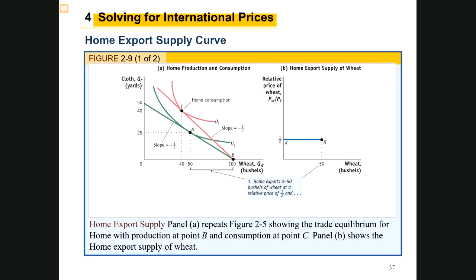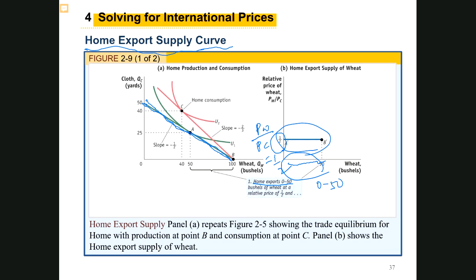Last but not least, I already showed you how to graph out the trade market equilibrium. Once again, this is the home export supply curve. If the relative price is still the same as under the autarky equilibrium, PW over PC equal to 1/2 originally, the home country will export 0 to 50 under this price.